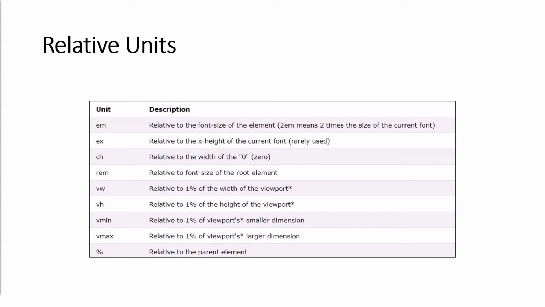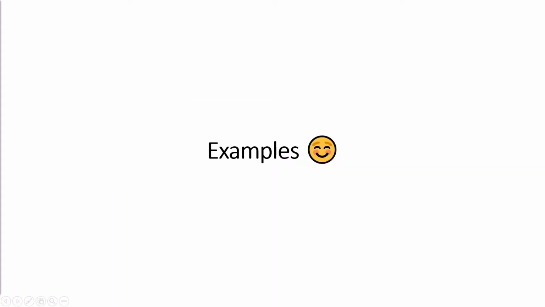And lastly, there's the percentage, and it's related to the parent element, and I'll be showing that through an example later. So right now we're going to be moving on to the examples.